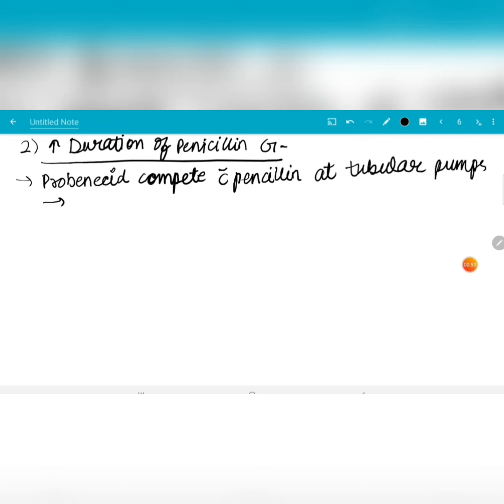Because of that, it increases the duration of action of penicillin. Both act in tubular secretion. When we give probenecid and penicillin together, probenecid is excreted first, then penicillin. If probenecid is excreted, then penicillin works more, so the duration of penicillin increases.